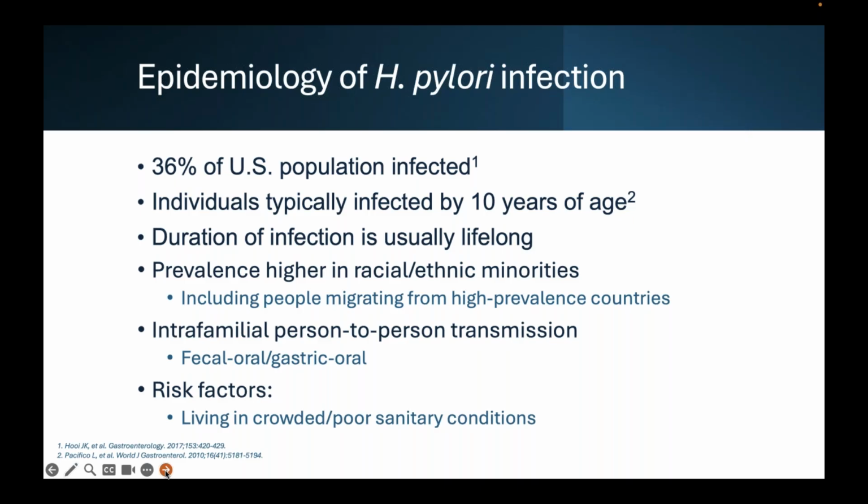But gastric-oral transmission has rarely been identified, and even waterborne transmission is occasionally reported in the literature. The risk factors for the acquisition of H. pylori in this country and in other places in the world are associated with living in crowded conditions with poor sanitary conditions. Next slide.